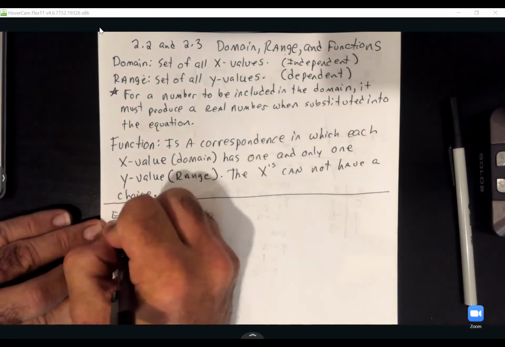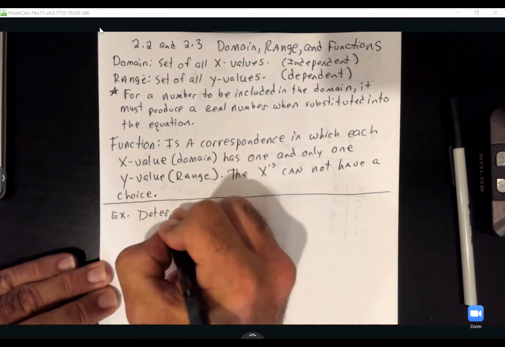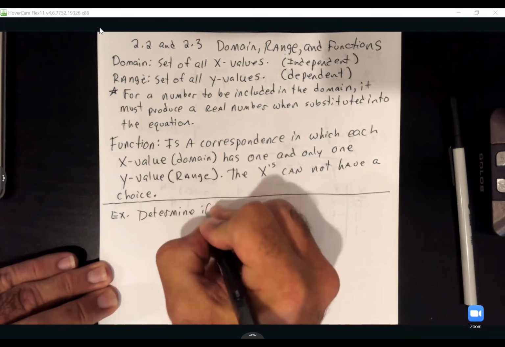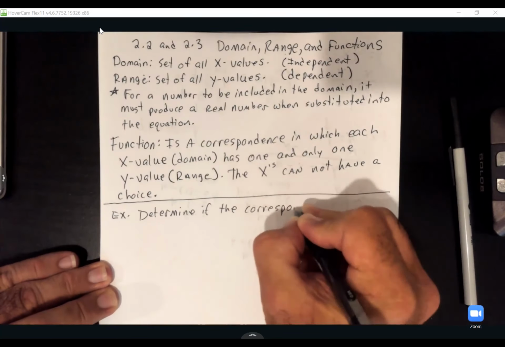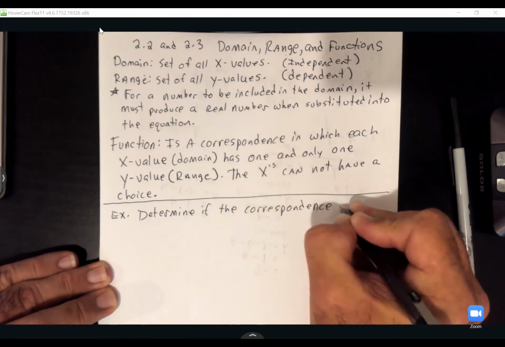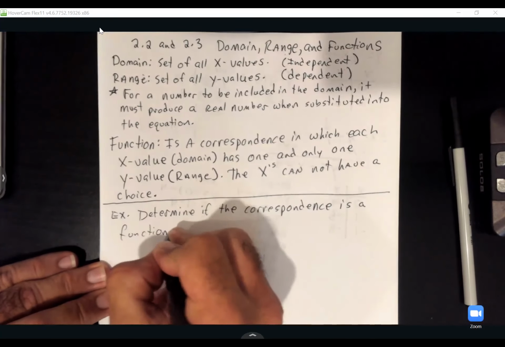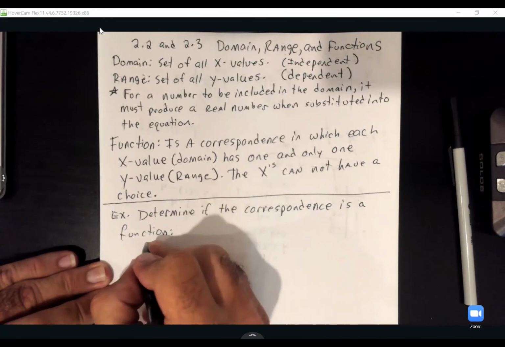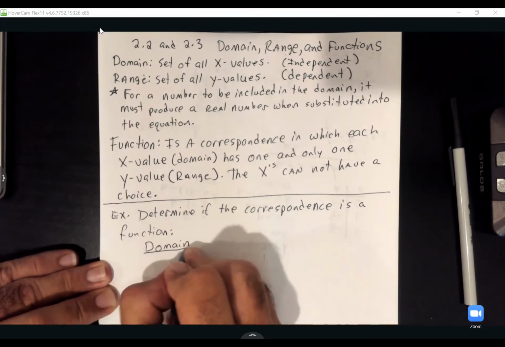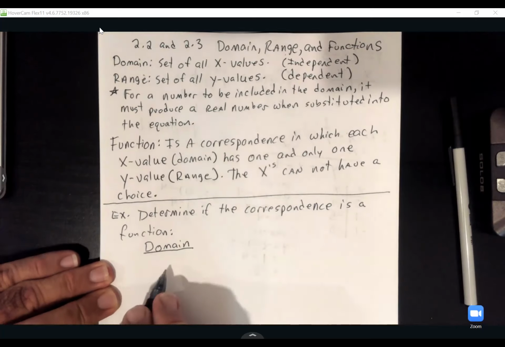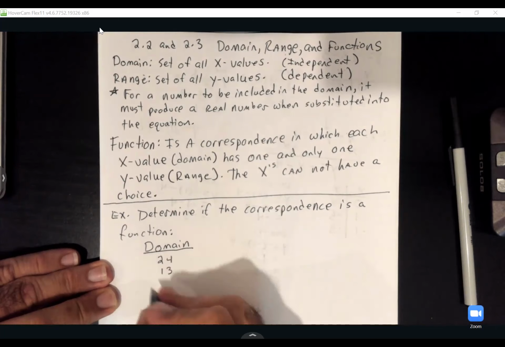So let me start out with this example. We're going to determine if the correspondence is a function or not. So they're giving me a domain. Now this one's going to sort of be like a little chart. They got the domain here. For my domain, they got 24, 13, and 17.